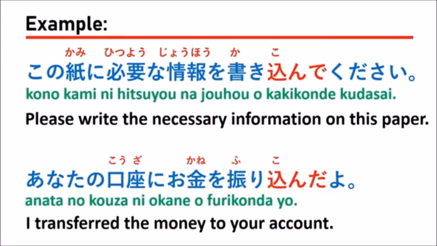Furikomu means transfer, to transfer to something. And what you transfer, okane, means money, right? Where? Koza, which means your account. あなたの口座にお金を振り込んだよ。Which means I transferred the money to your account.